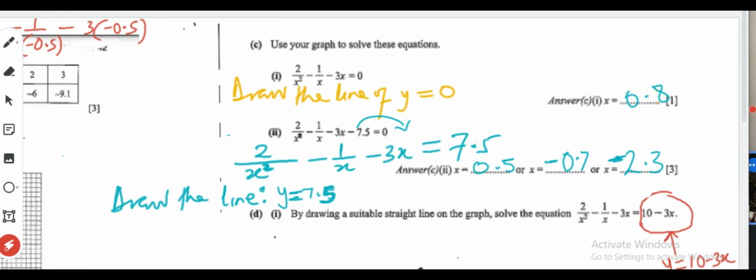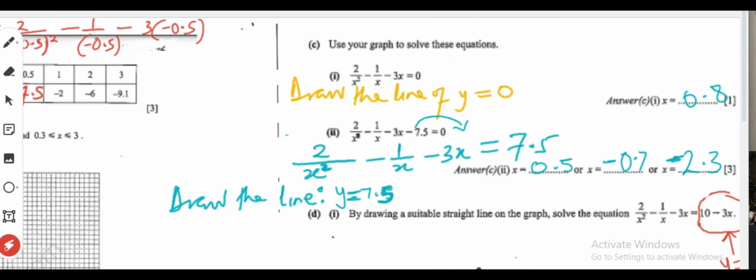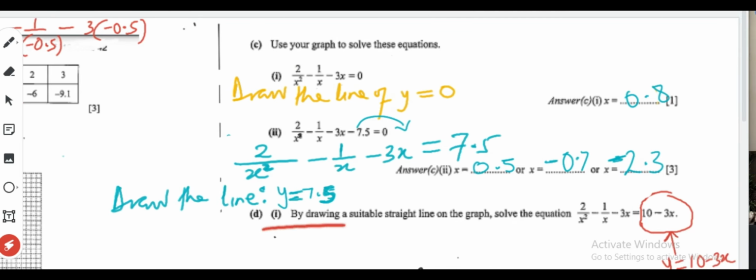Okay. Look at this question now. Read it out. By drawing a suitable straight line on the graph, solve the equation. Let me stop circling it so that you see. Solve the equation. So what do you do?